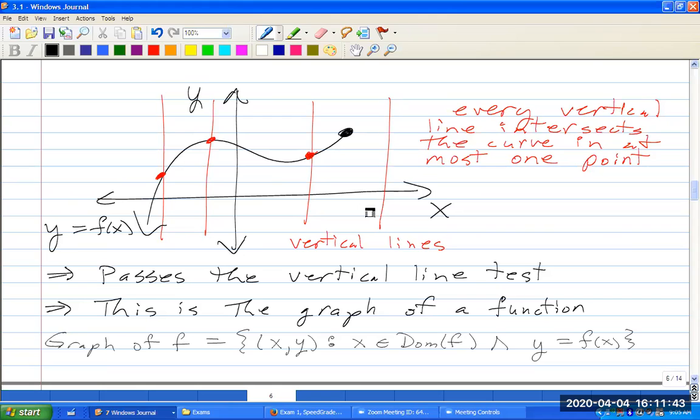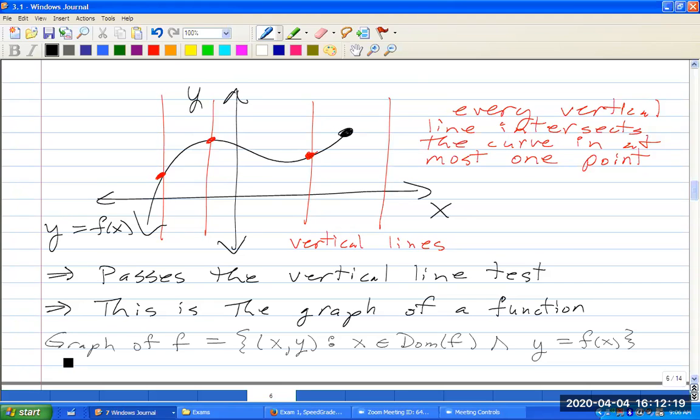Then if every vertical line intersects this curve in at most one location, so it can either intersect it at no location or in one location, then we say that this curve passes the vertical line test. If a curve passes the vertical line test, then this curve is the graph of a function.